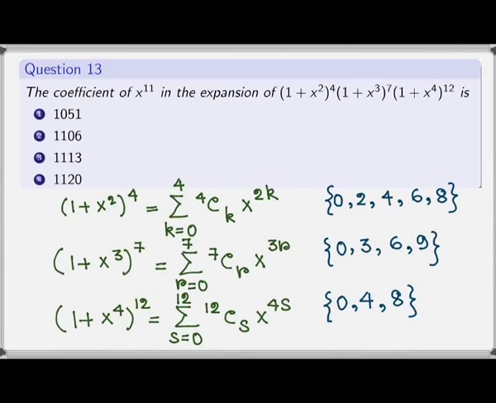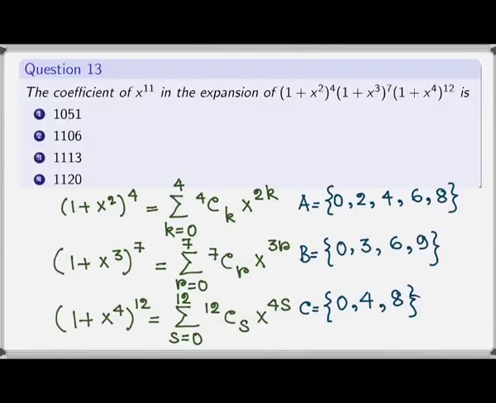Let us call the first set A, the second set B and the third set C. Now we will see the possible choices of writing 11 as a sum of three integers, one coming from the set A, one from the set B and one from the set C.